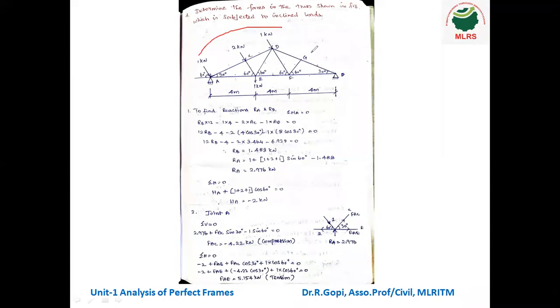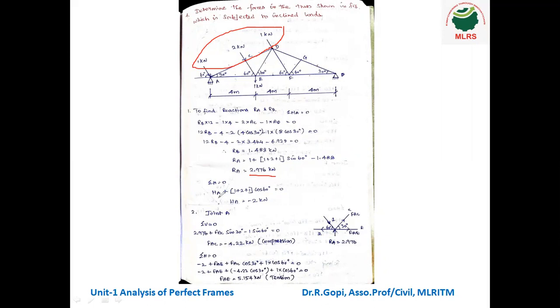These three are inclined forces, so we have to resolve vertically. Since the force angle is 60 degree, we resolve into vertical: 1 into sine 60, 2 into sine 60 and 1 into sine 60. Don't take them as they are. They are not vertical, they are inclined. So RA is equal to 2.976 kilonewton. This is the answer.